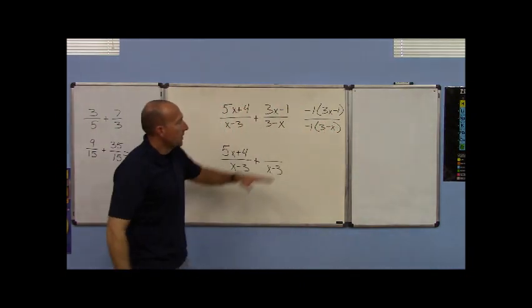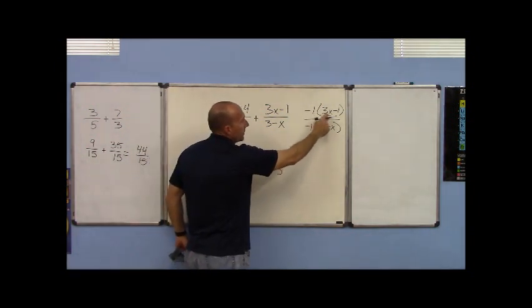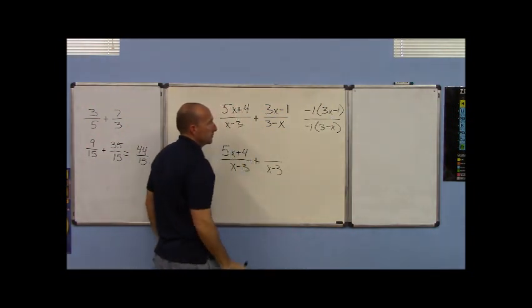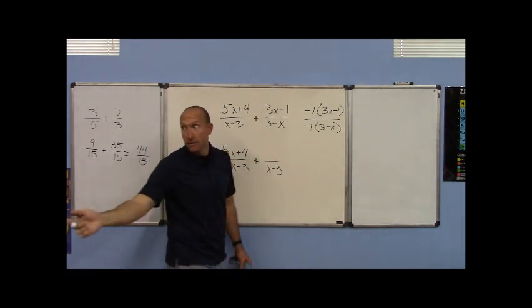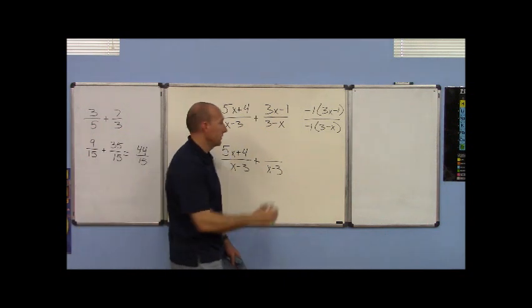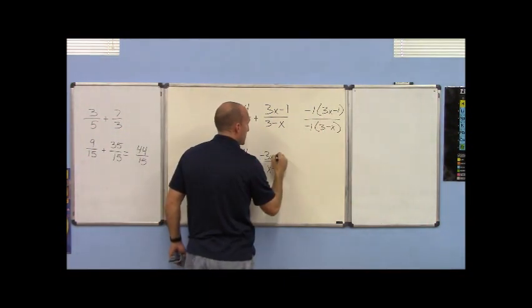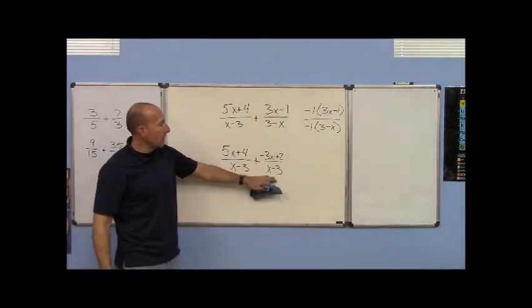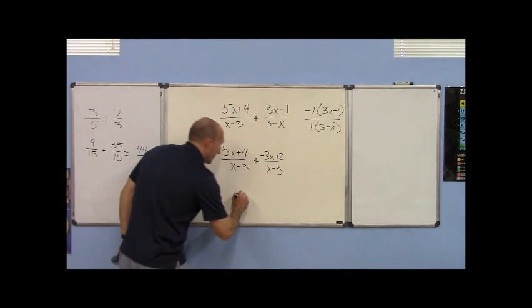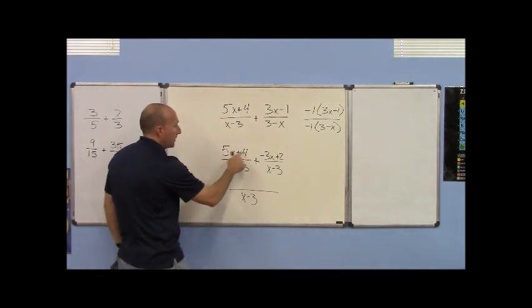So this bottom one gets us here. Up here we have -1 times 3x gives us what? -3x? Yes. And -1 times -1 is a positive 1. So now we have our common denominator. We can put that down here, x minus 3. And we can put everything up top.